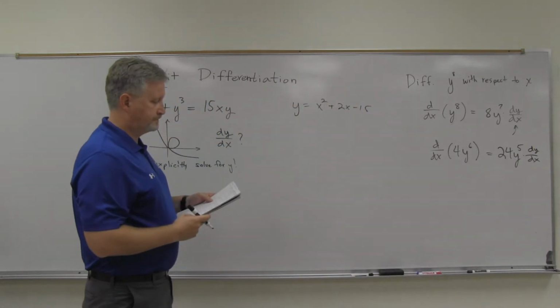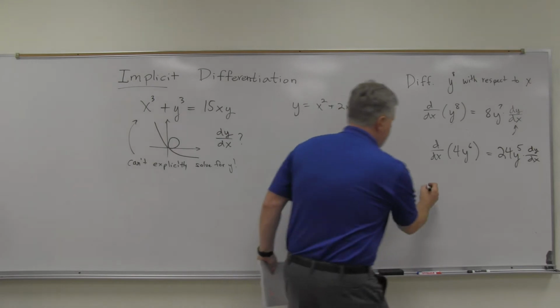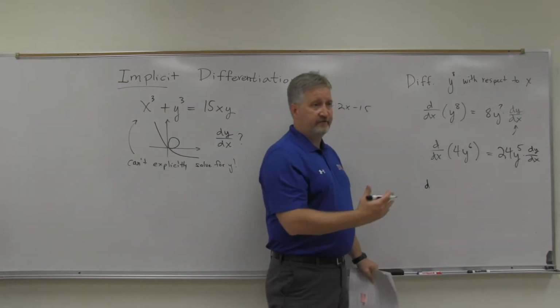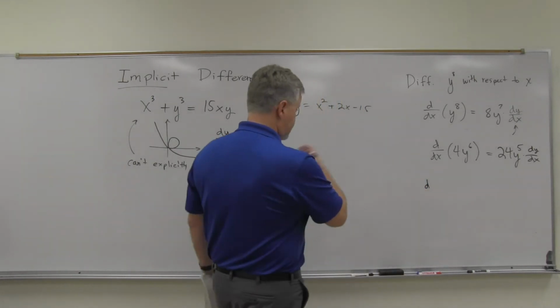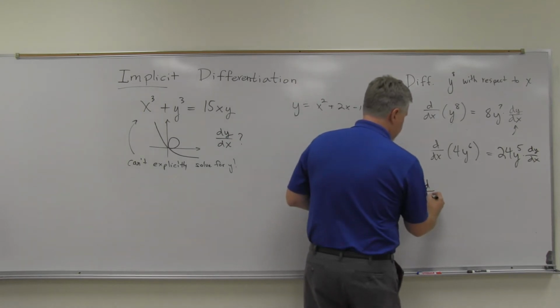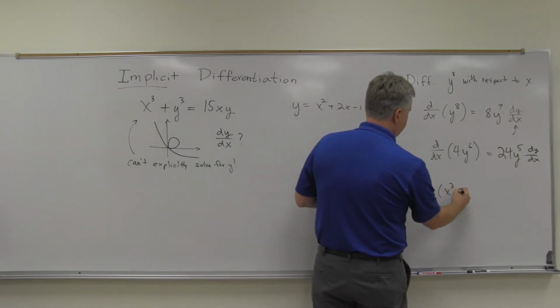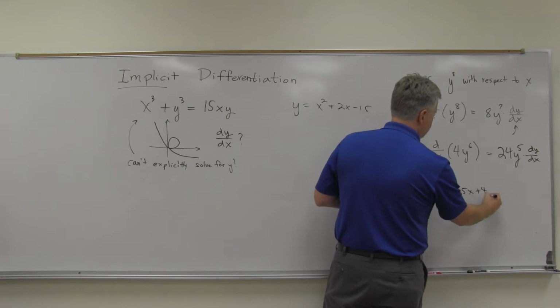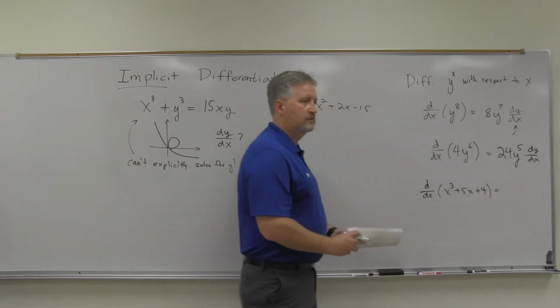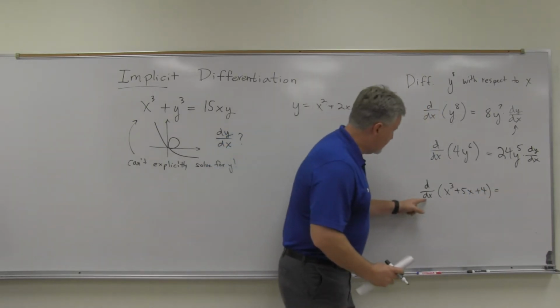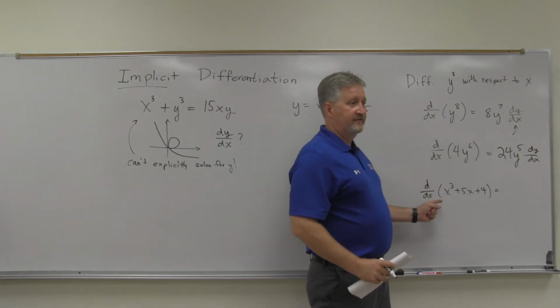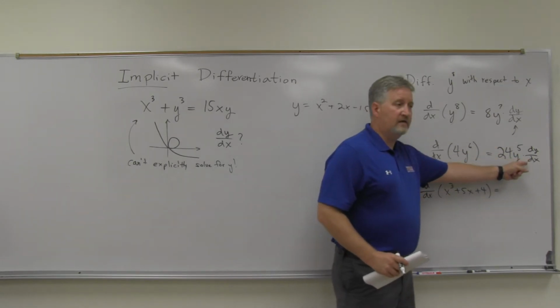Now, here's the thing. I will still have some expressions that have just x in them. So if I said, what's the d dx of x cubed plus 5x plus 4? That's the derivative with respect to x, but all these are x's. So do I need the dy over dx with those?